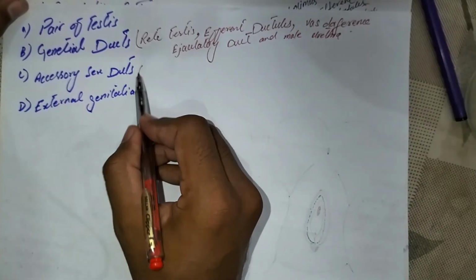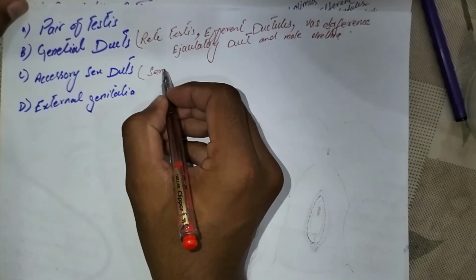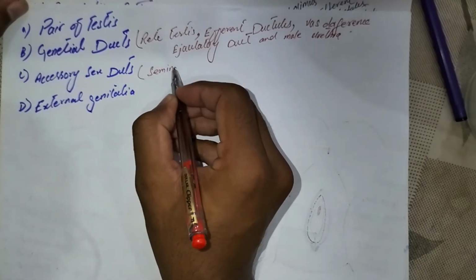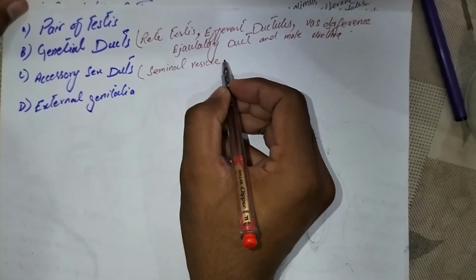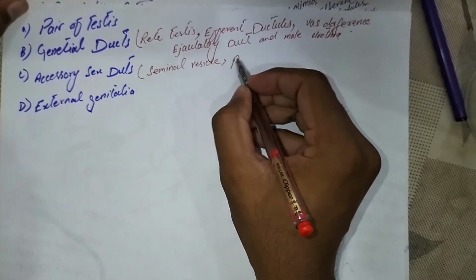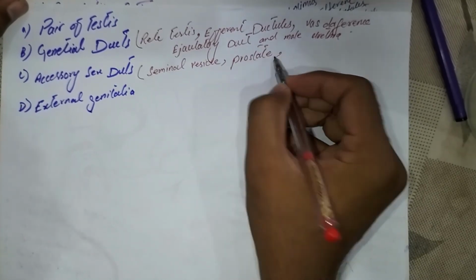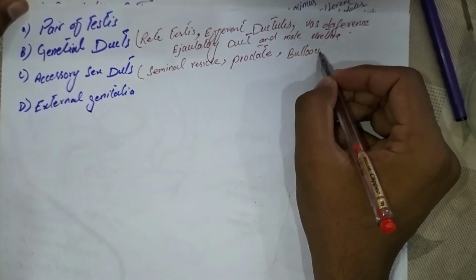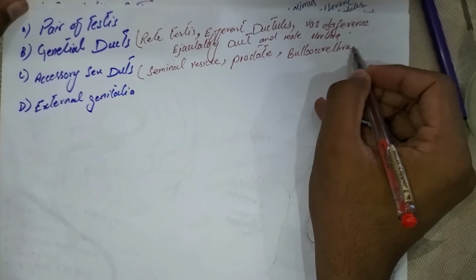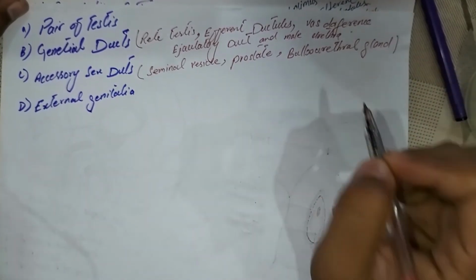The accessory ducts contain the seminal vesicle, prostate, and bulbourethral gland.